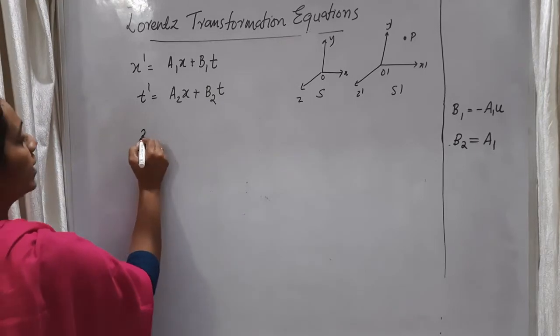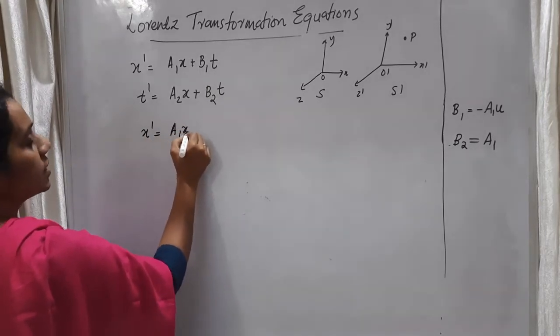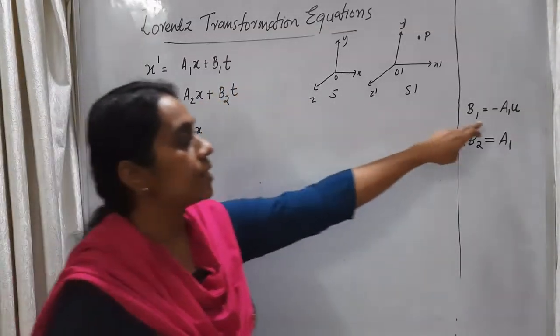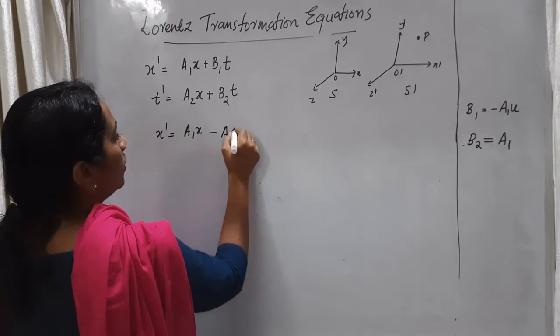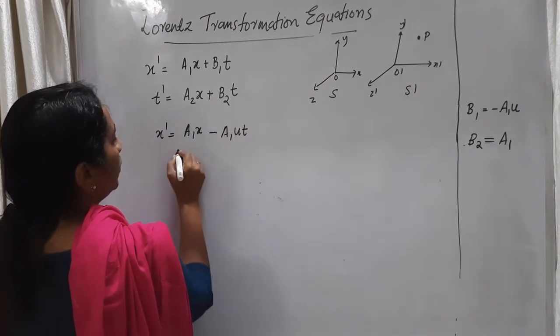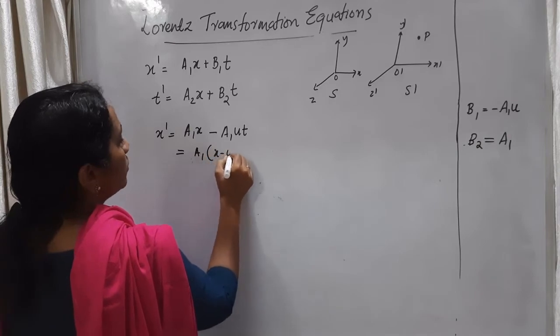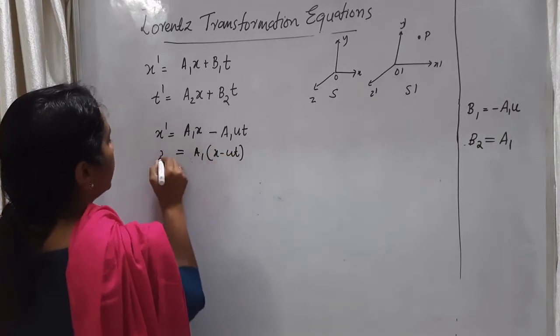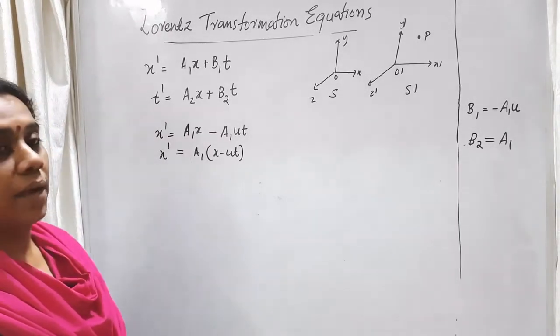So you can write x dash is equal to a1x plus, instead of b1, you can substitute minus a1ut. So I can put it as a1 into x minus ut. Okay, x dash is equal to a1 into x minus ut.